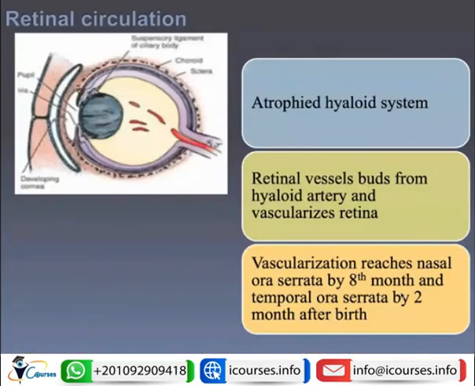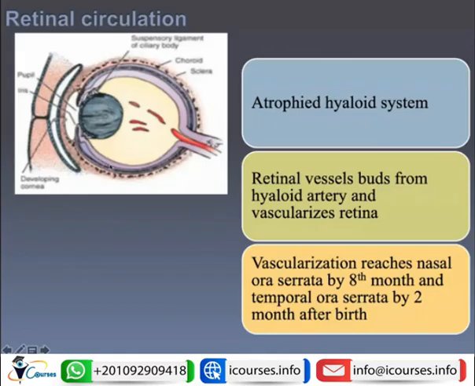So what about the retinal circulation? The retinal circulation starts in the atrophied hyaloid vessels, then retinal vessels emerge from the hyaloid artery to vascularize the retina. So the hyaloid vessels in the vitreous will atrophy, but within the optic nerve and the retina they will form multiple twigs to supply the developing retina.